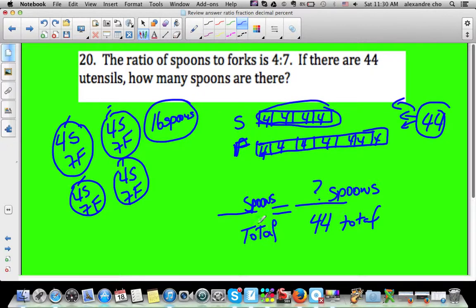So when there are 11 utensils, 4 of them are spoons. Now, an easy relationship: 11 to 44 is times 4, and 4 to our magic number is going to be times 4, giving us 16 spoons. So there are 3 different ways, and you're welcome to choose any of them.